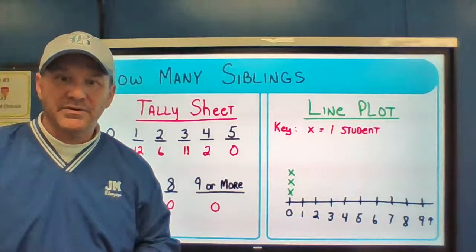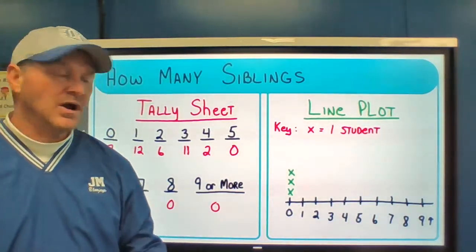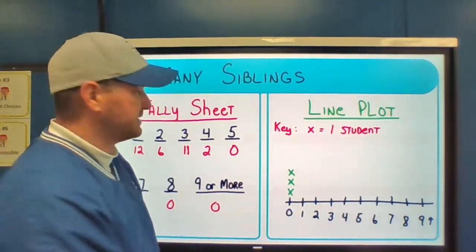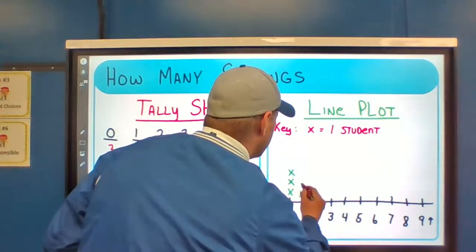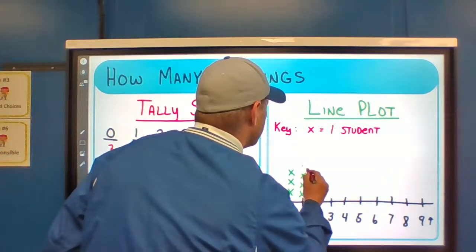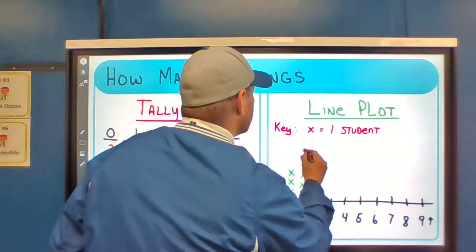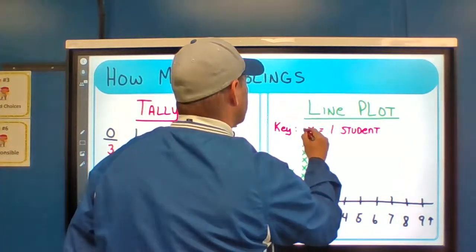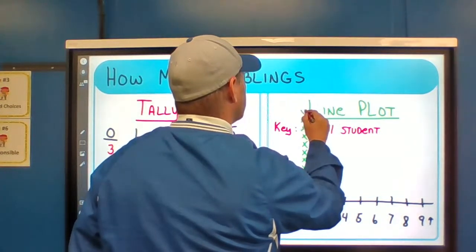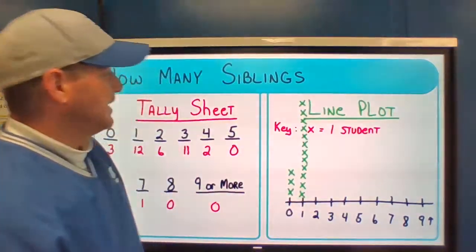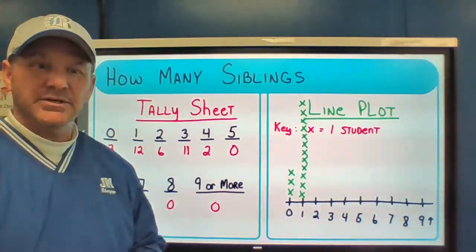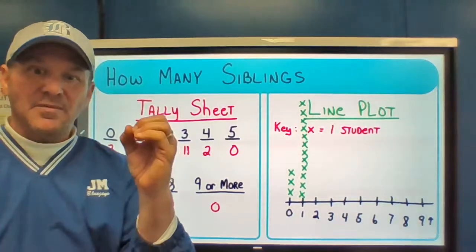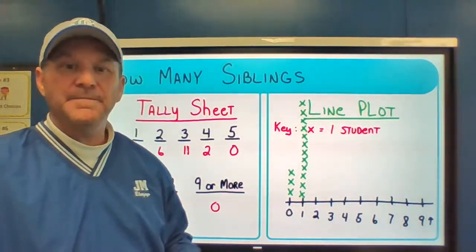How about 1 brother or sister? There were 12 of you. So I need to put 12 X's there. I ran out of room, but you could still see. So at 0 brothers and sisters, there were 3 people.